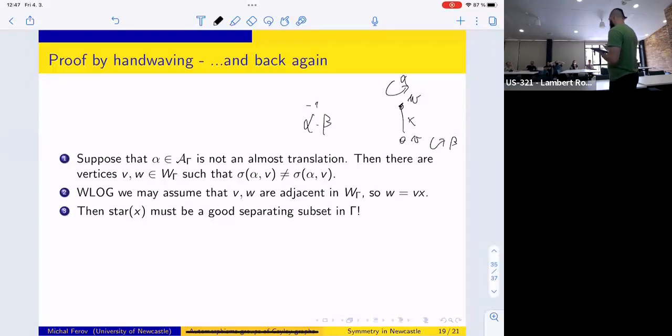That is non-trivial, which means that the link of vertex X in the defining graph must be a good separating set, which means that the existence of something that is not an almost translation already implies that there must be uncountably many automorphisms from the previous lemma.